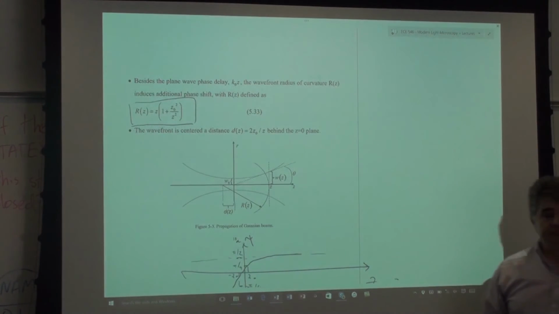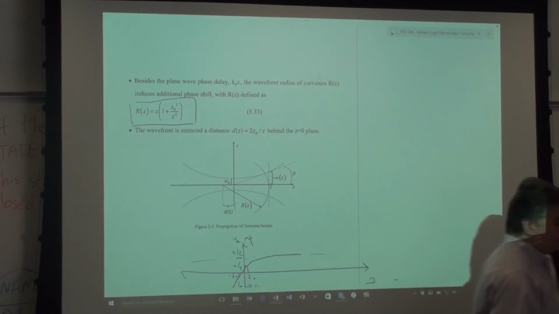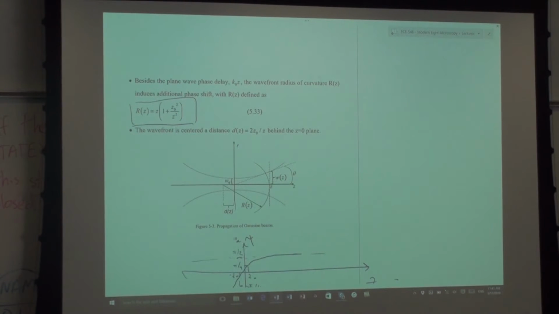What does that mean? R becomes z. Spherical wave, because it's a curvature. So you still have curvature, but it's constant. It's exactly equal to z.